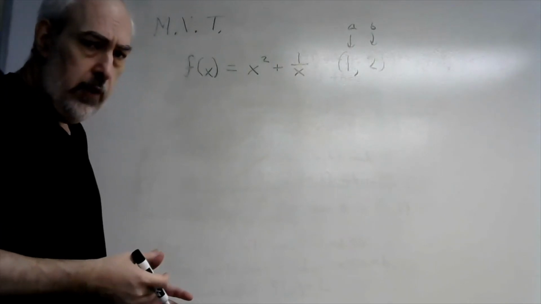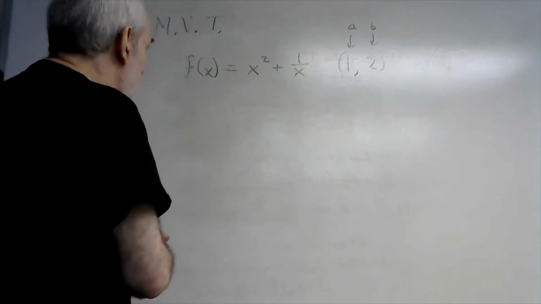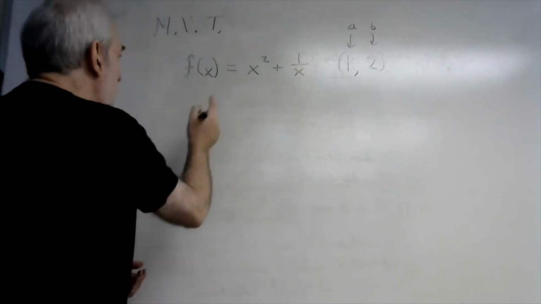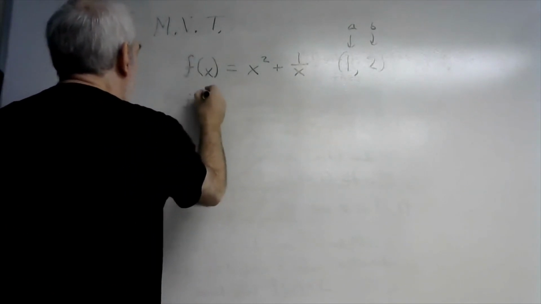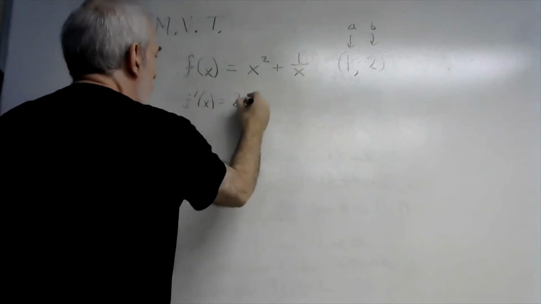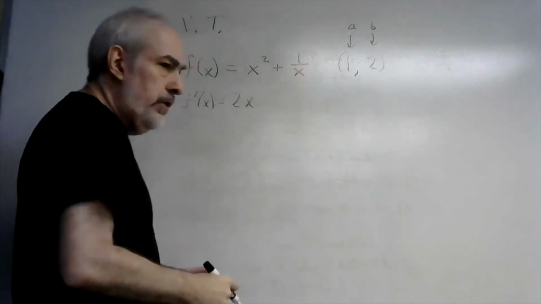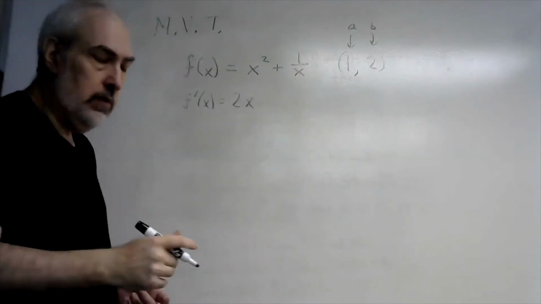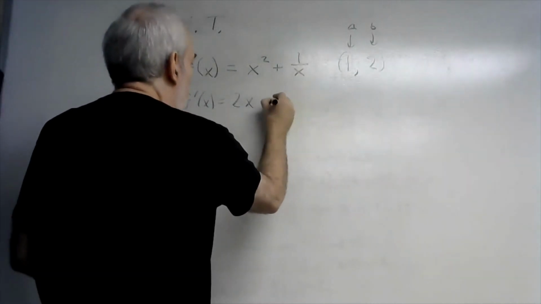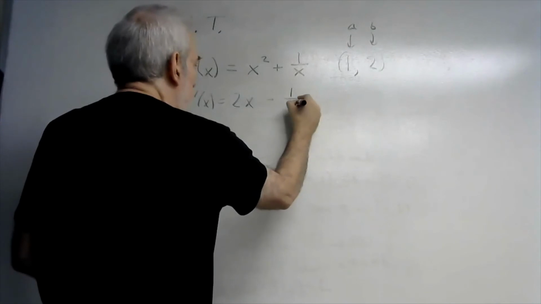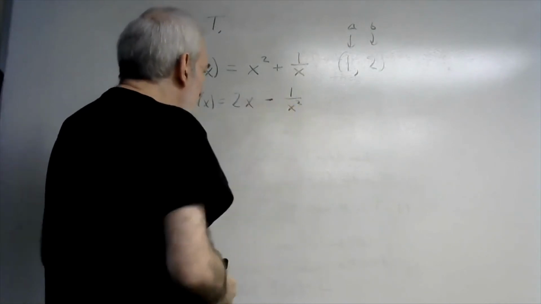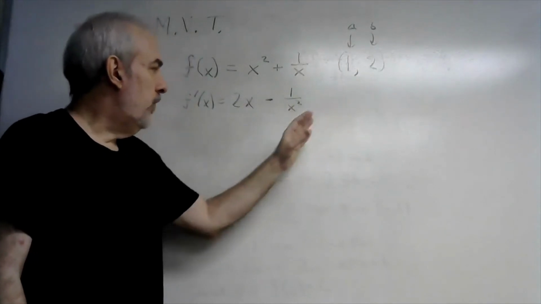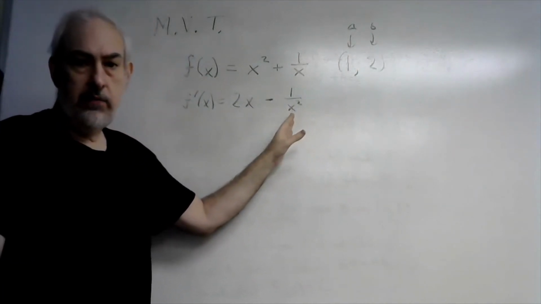Okay, so first of all, let me explain that the mean value theorem applies. This is not a polynomial, so it's going to be a little bit more complicated. Let's just look at the derivative. That would be 2x, and then that's essentially x to the negative 1 power, so the derivative would be negative 1 times x to the negative 2, or in other words, negative 1 over x squared. Notice that if you plug in any positive number between 1 and 2, this derivative is well defined.